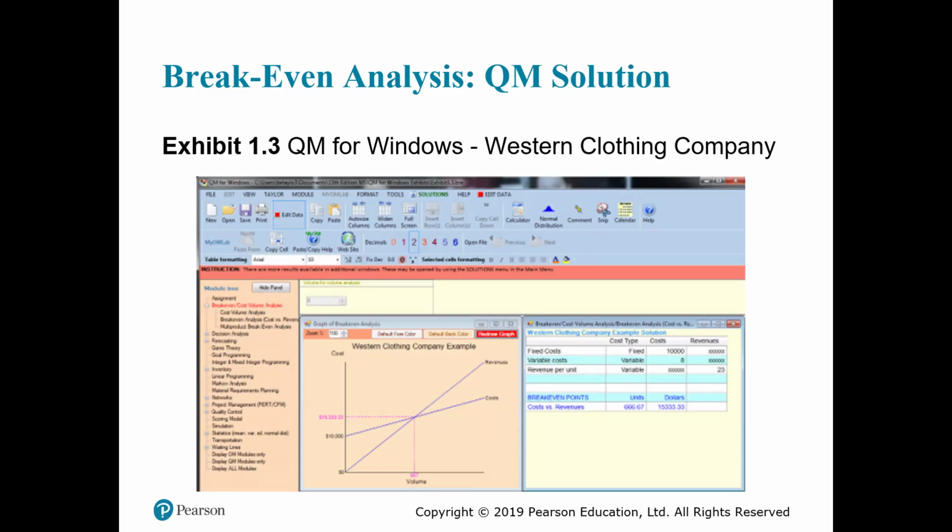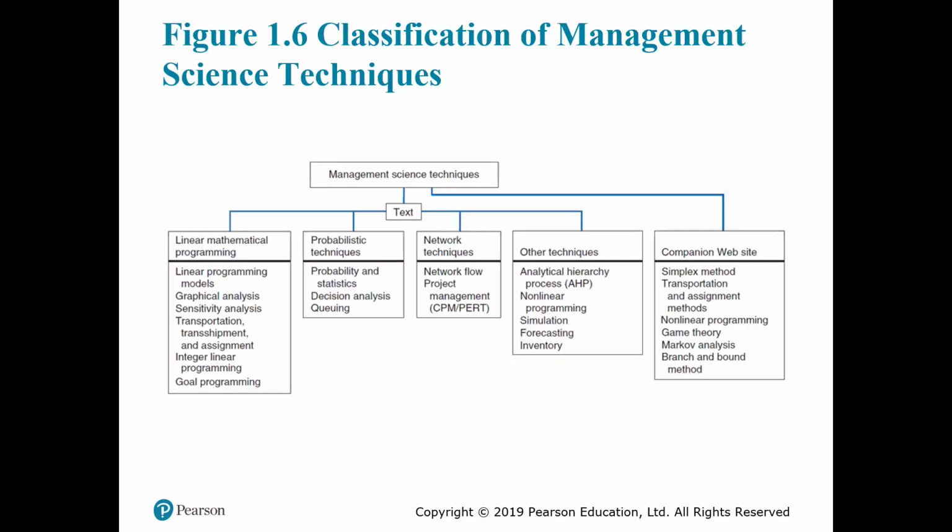All right. So lastly, these are the combination of techniques that are used for management science. We group them into linear mathematical programming. So they entail linear programming, which we start next week.